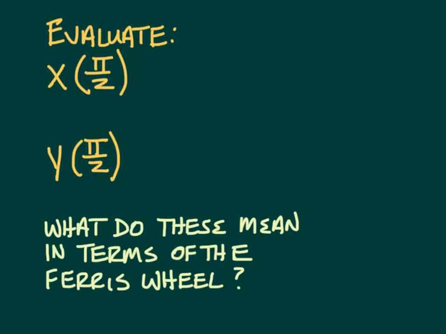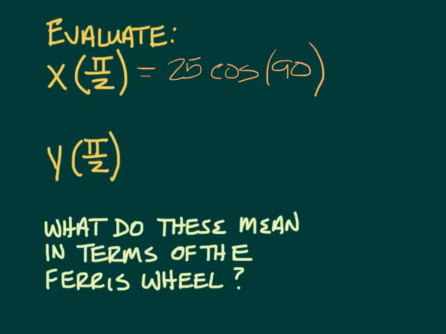Let's evaluate pi over 2 in the co-height and the height function. Pi over 2 represents what degrees? 90, yes. Pi over 2 is 90 degrees. So let's do x of pi over 2 equals 25 times cosine of 90.